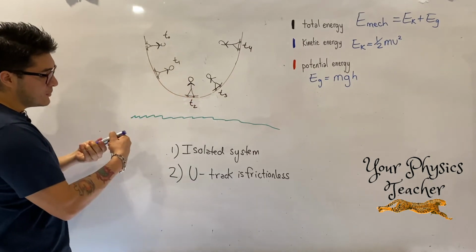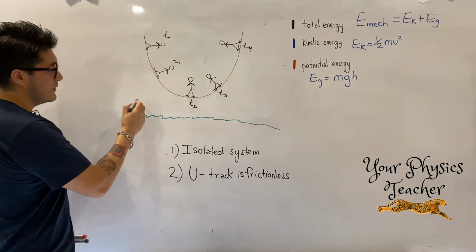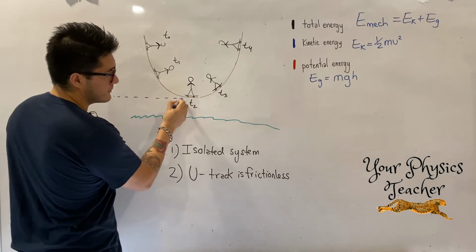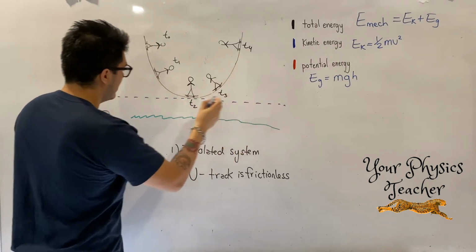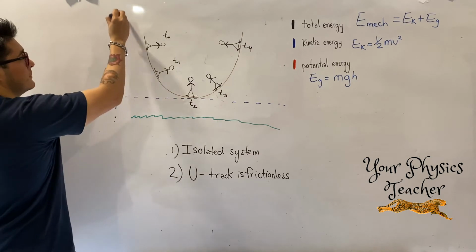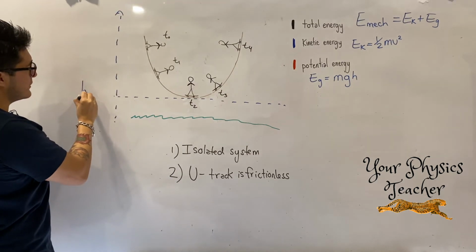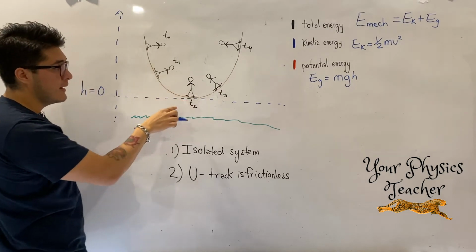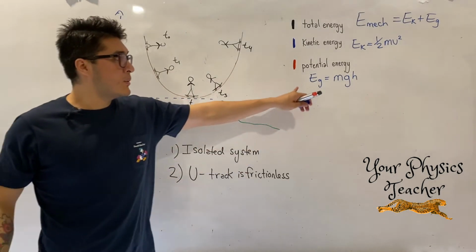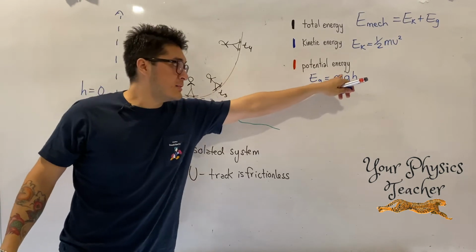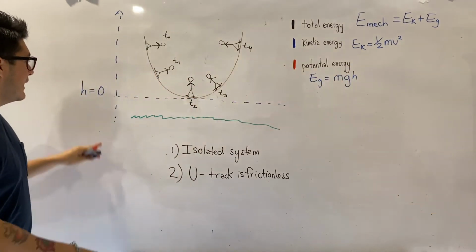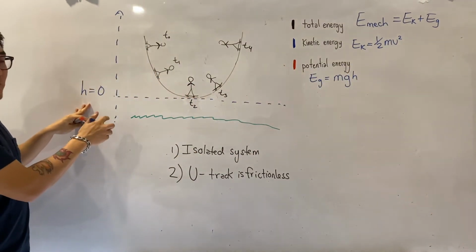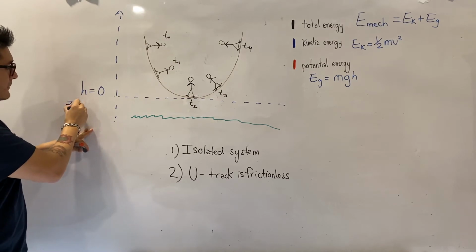So in this case, it's going to be at the very bottom of our ramp. So we're going to set up the coordinate system such that the height equals 0 at the lowest point that the object achieves. We do this because we need to set up the coordinate system for potential energy, because it depends on height. Now, as soon as we do this, we're setting up our zero potential line.